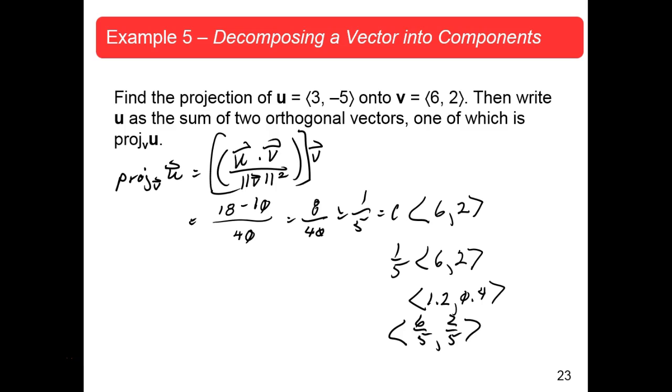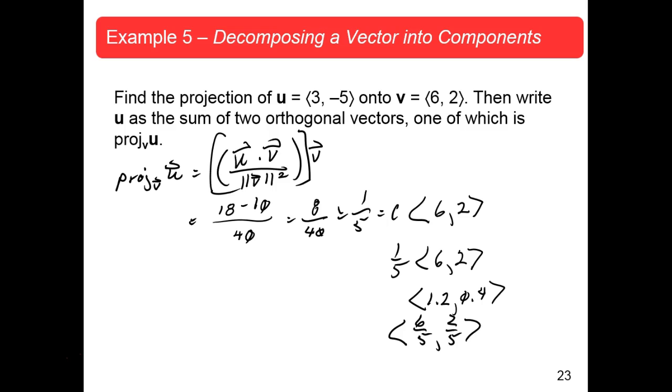Now, that is your projection of u onto v, that vector right there. It's in the direction of v, but scaled down to that vector there. Now, that is your W1.